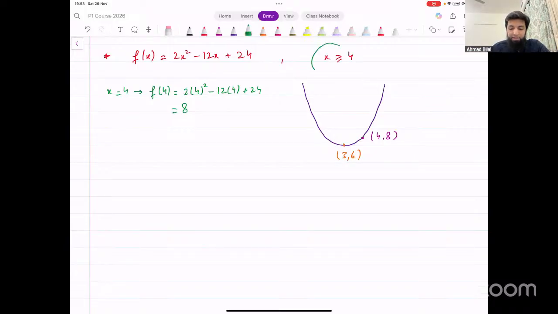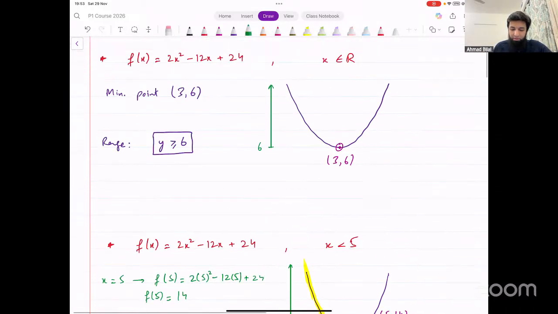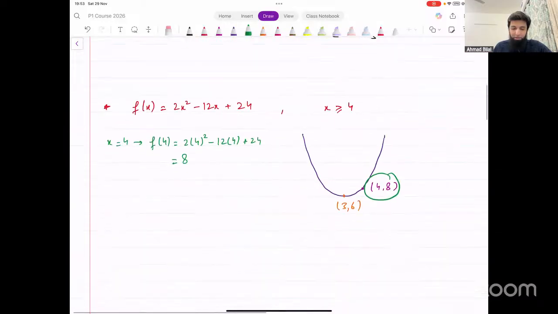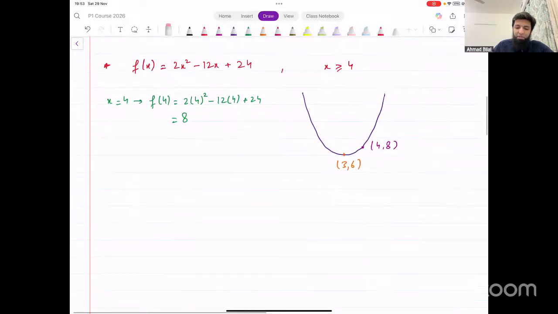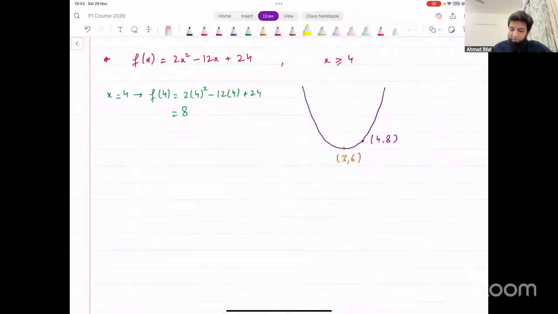So x is greater than or equal to 4. So you mark on the graph which part of the graph is valid. To the right side of 4, right? So you have to be to the right of this point, which means this part of the graph is what you're talking about. Now, what about the range of this function? Look at what the lowest point on this yellow part is and what the highest point is.